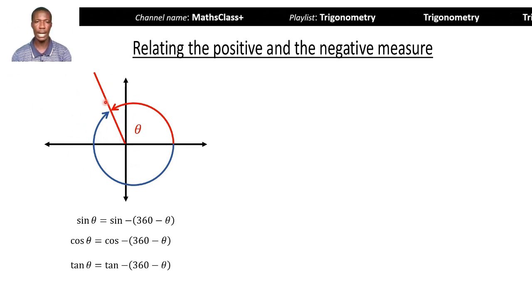Looking at this diagram, from the positive x-axis, the positive angle reaches this line, and the negative angle also reaches this same line. What that means is that if there is a coordinate here, that will give us the value we want. Then it means the blue one will give us the same value as the red one.